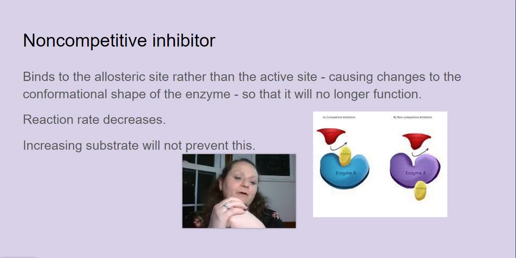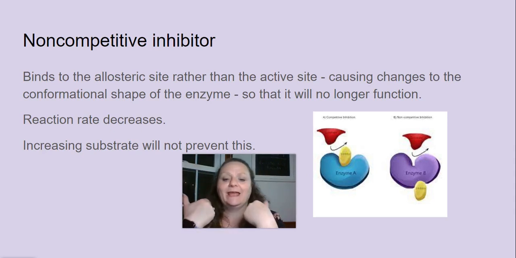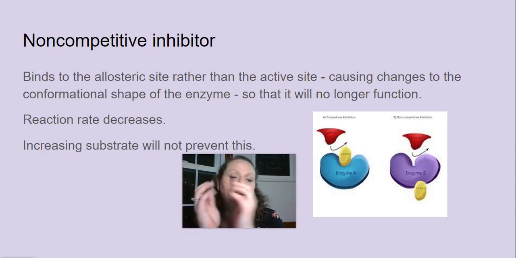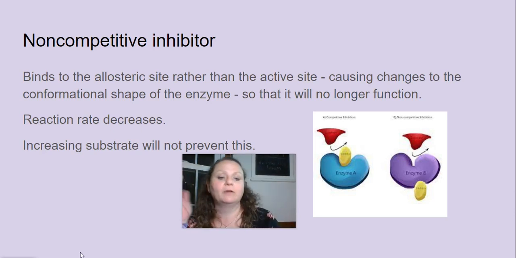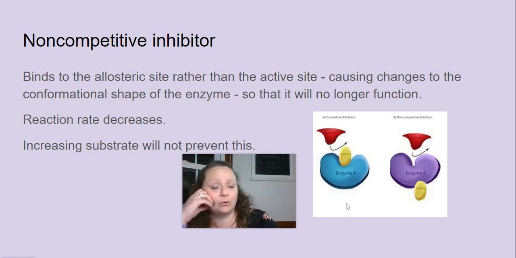This means that perhaps our substrate can't bind to the enzyme because it's changed shape, which is what you're seeing here in these pictures. Increasing the substrate's not going to prevent that. We can't add more substrate and get our levels back up because these enzymes just simply won't function. Their shape's been changed and they can't do their job anymore.